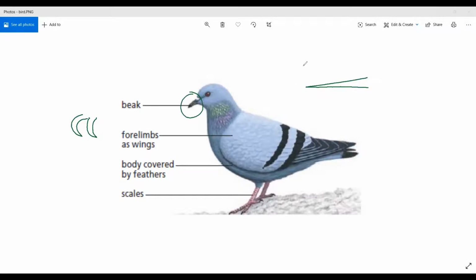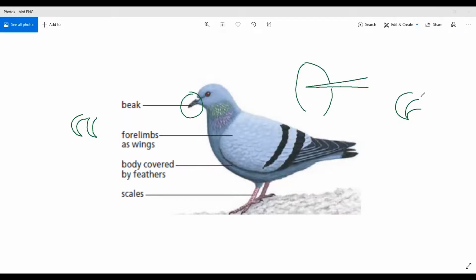If there is a cactus like this, the bird pierces its long, pointing beak in the cactus flesh, so that it can take in the water from inside. Other beaks look like this. This is to catch, for example, the worms, or to dig with this beak in order to search for the worms. There are several kinds of beaks, and these beaks differ according to the kind of food of the bird.